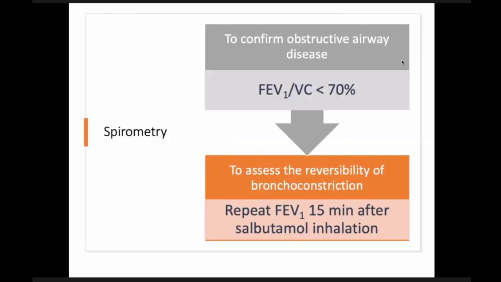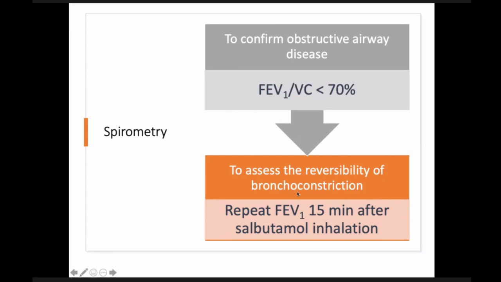So to confirm that there is obstructive airway disease, one has to show that the FEV1 over VC ratio is 70% or less. That shows that there is an obstructive airway disease. So the criterion for obstructive airway disease is an FEV1 over vital capacity ratio of 70% or less.